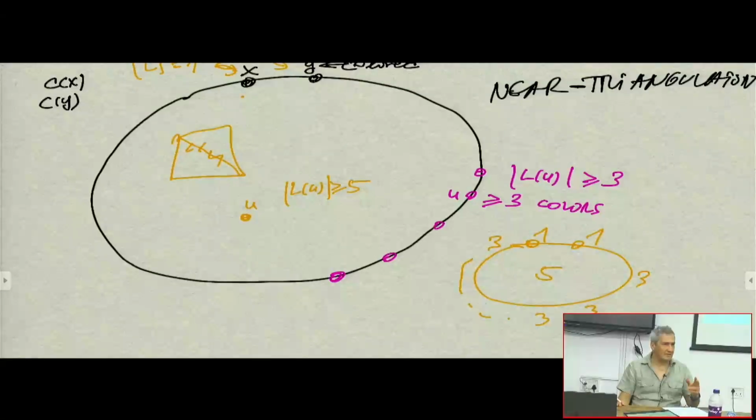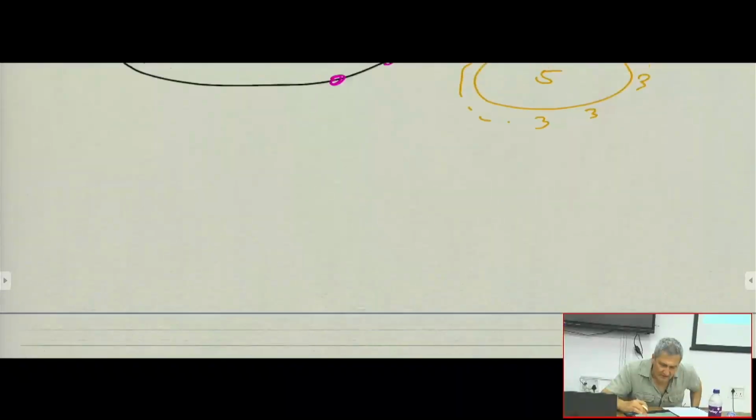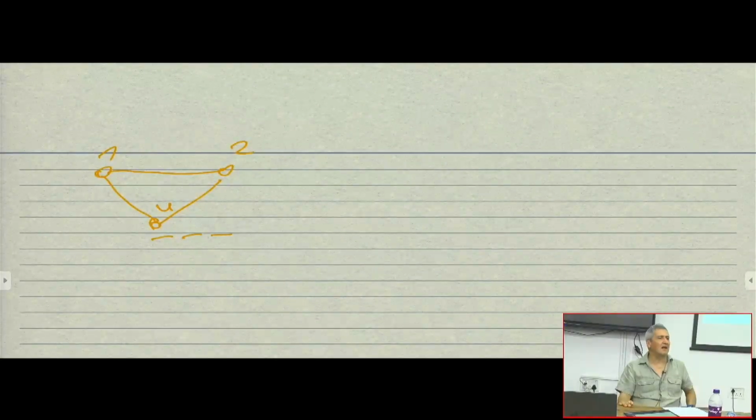Okay, let's prove it. The base of the induction is a triangle. Let's say we have color 1, color 2, and vertex u has 3 available colors.